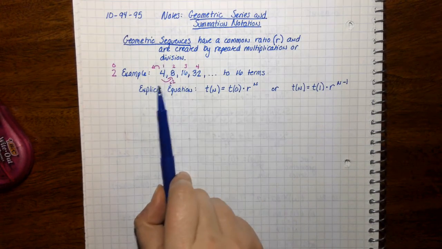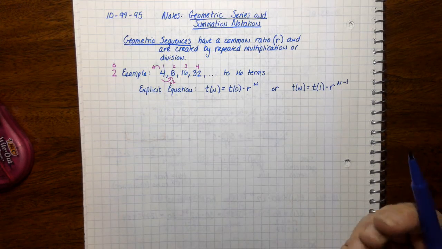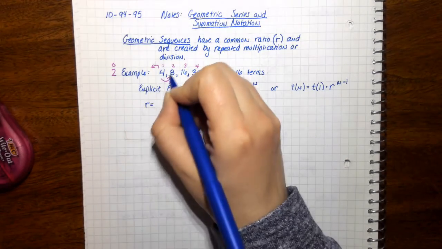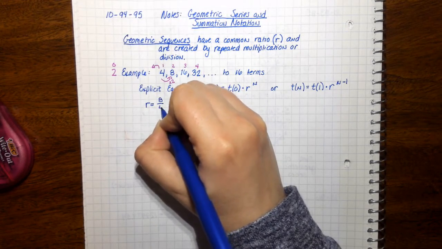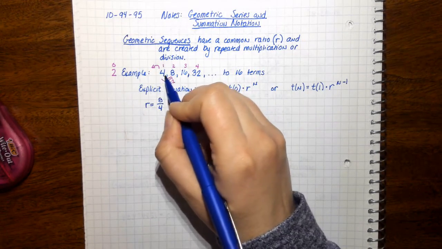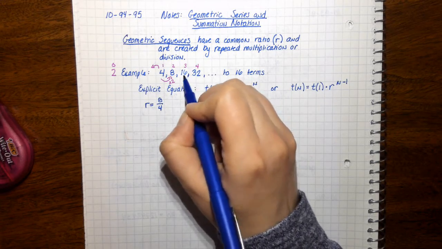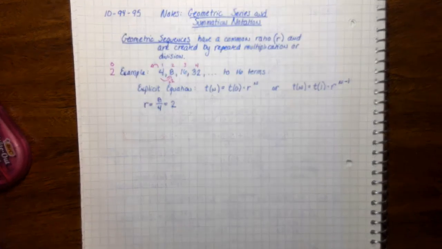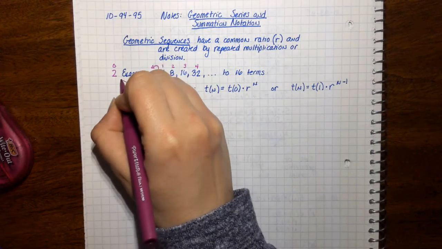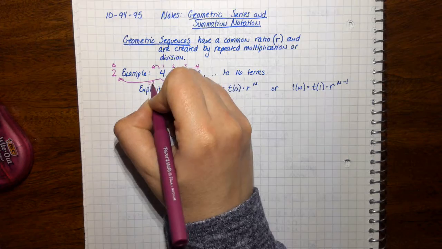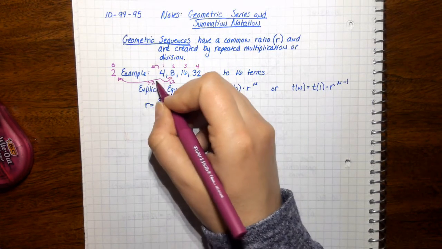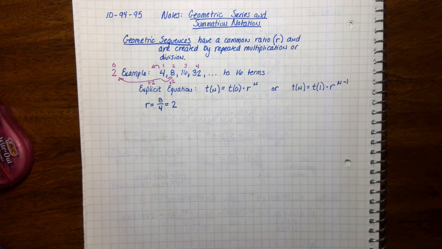If this is very difficult to tell just by looking at it, you can always find r by taking the second term, dividing by the first term, and it doesn't have to be these two, it just has to be the one on the right divided by the one on the left, which equals 2. And then remember, you do the opposite of that to go backwards. So if I'm moving down the sequence and multiplying by 2, I want to divide by 2 to go backwards to find the 0th term.